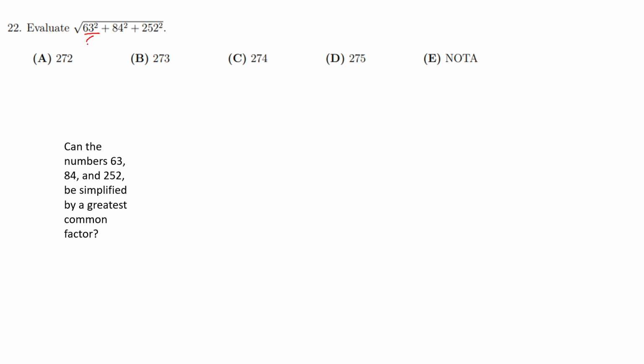63 divided by 7 gives you 9, 84 divided by 7 gives you 12, and then 252 divided by 7, well, that gives you 36. That's interesting, right? So, we know that 7 is also a number that all of these numbers are divisible by.